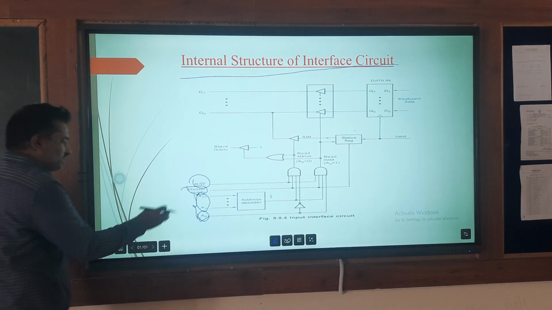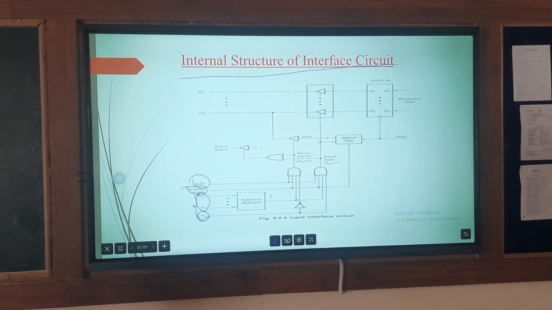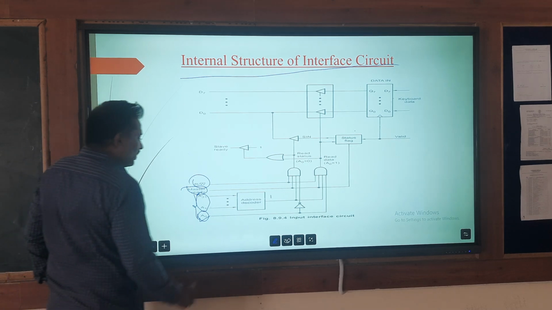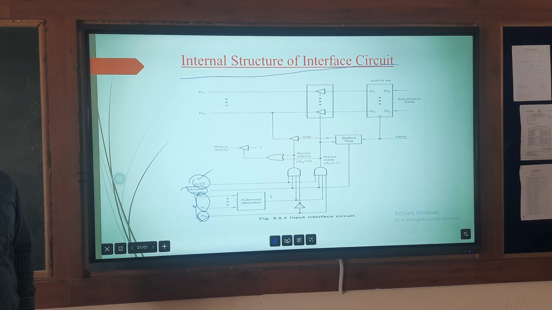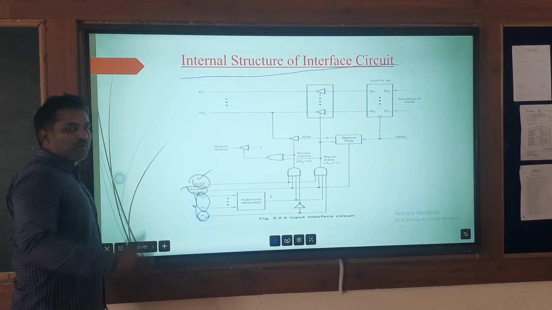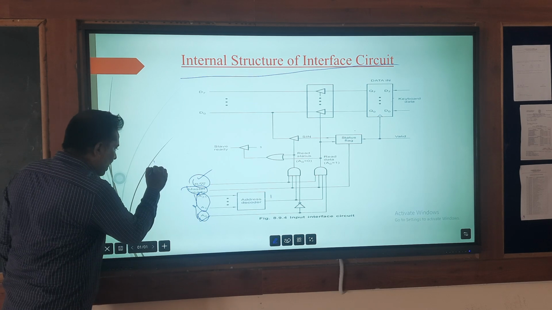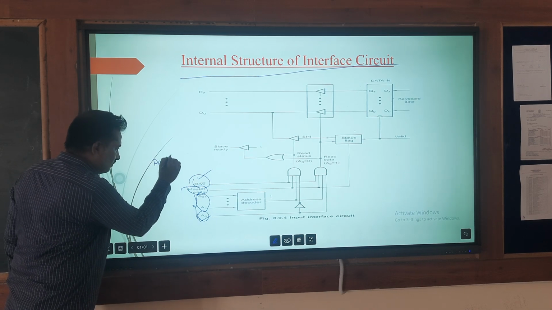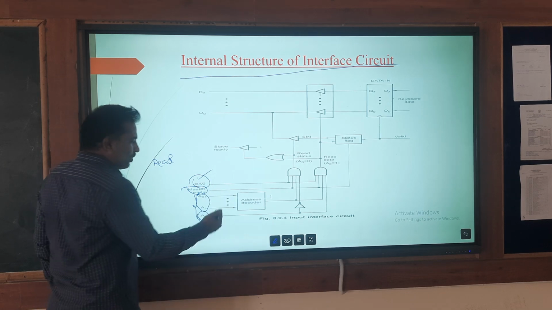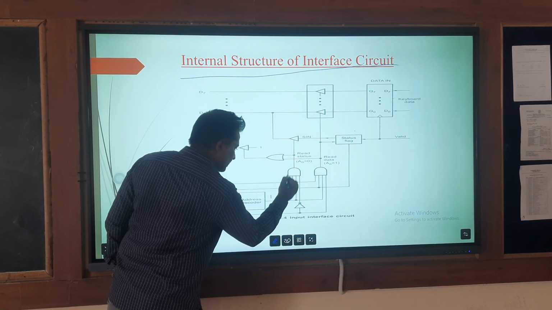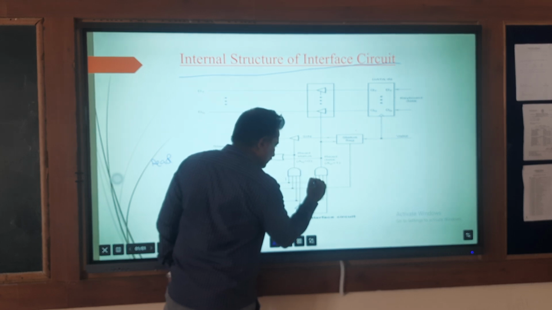Once the master places the address on the address lines, the second step is the type of operation we are going to perform. Here I am explaining the input operation, which is the read operation. Input operation means read operation. So R by W bar is equal to 1, so this one also becomes 1. The same read write signal is also connected here.